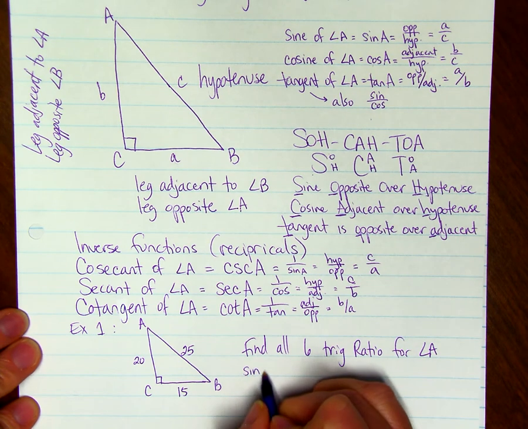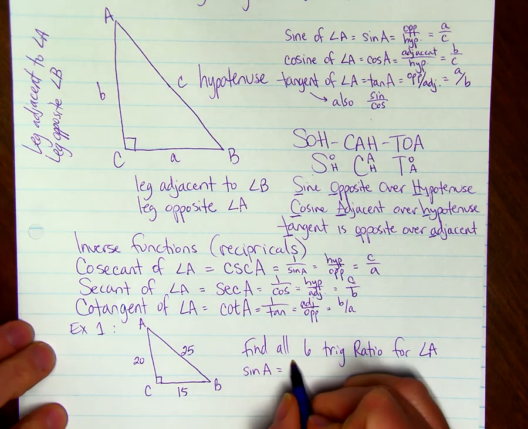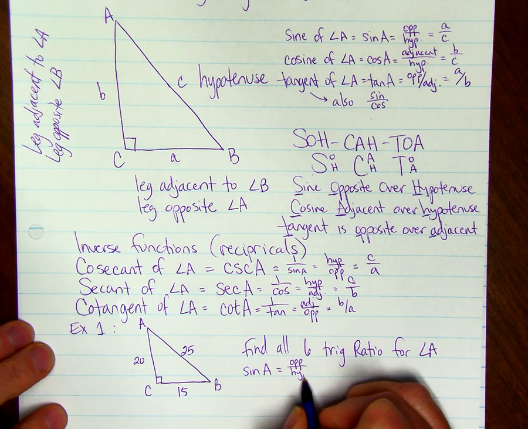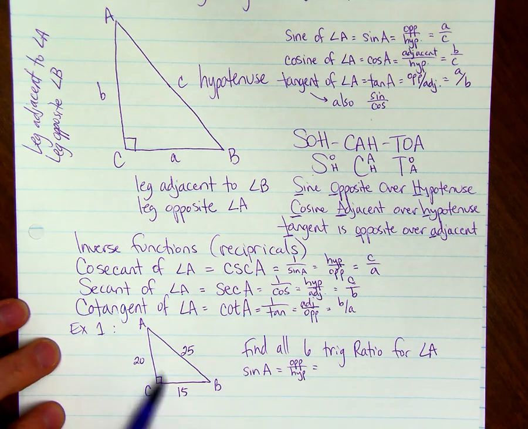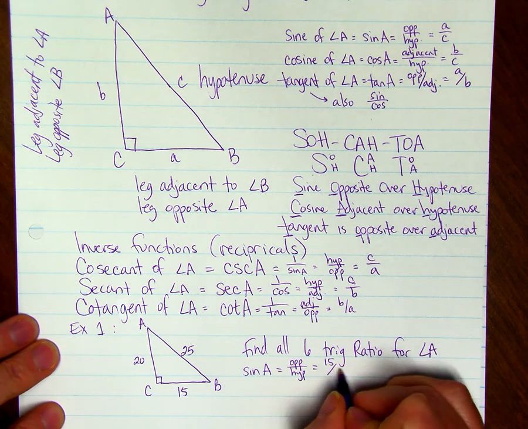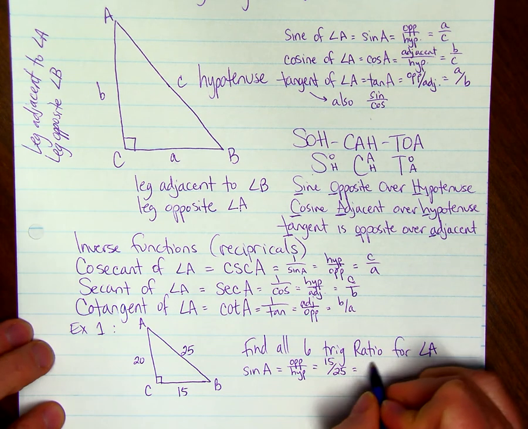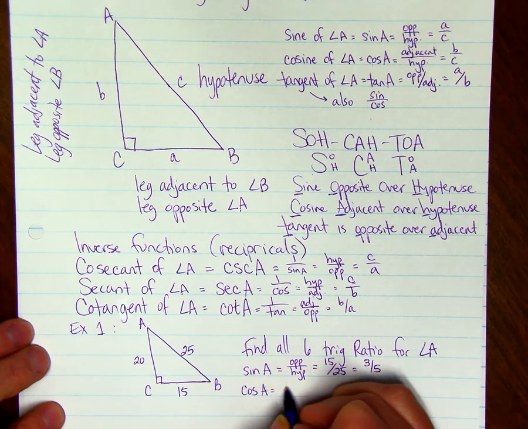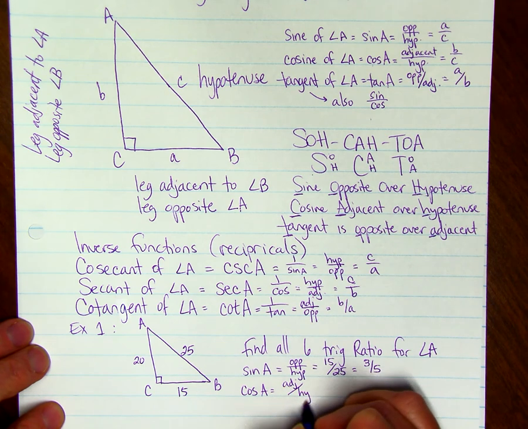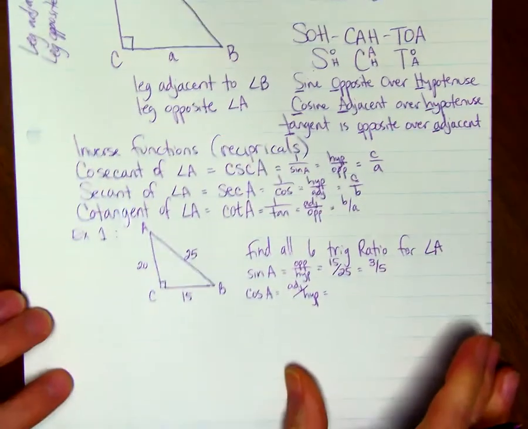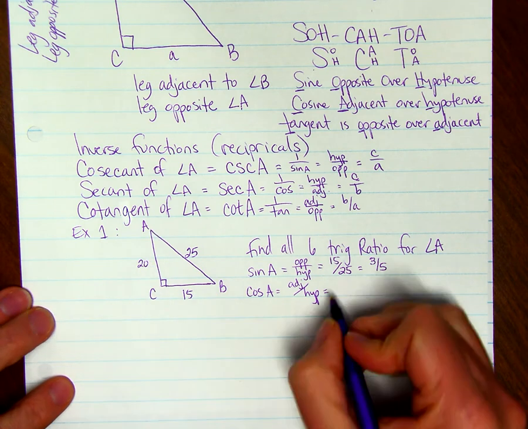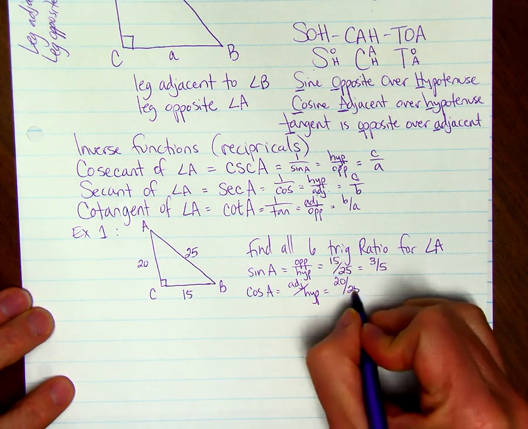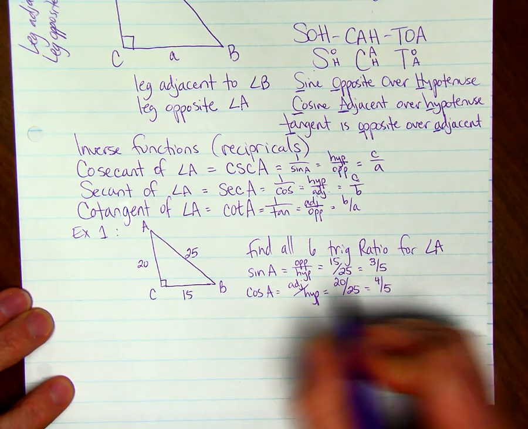So the sine of A is opposite over hypotenuse. The opposite is 15, divided by 25, and then we reduce to 3/5. The cosine of A is adjacent over hypotenuse, which is 20 divided by 25, which reduces to 4/5.